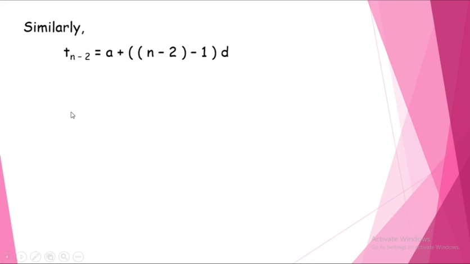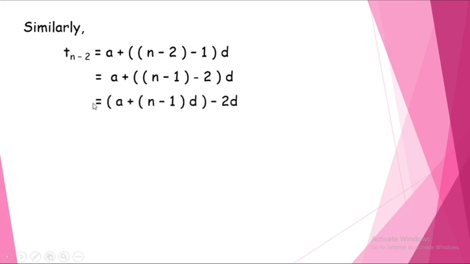Similarly, Tn minus 2: replace n by n minus 2 here. We get A plus n minus 2 minus 1 into D. Now we rearrange the terms in this bracket first and then multiply by D, as A plus n minus 1 minus 2, whole term multiplied by D. Now multiply this D in this bracket.